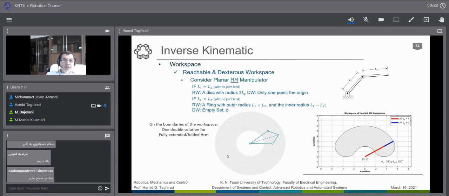As I mentioned, we have multiple solutions. You see that we have inverse sine, inverse cosine many times, and this gives us plus minus theta. If there is a theta, let's say, angle as a solution, theta minus pi is also another solution, which we call elbow up and elbow down.